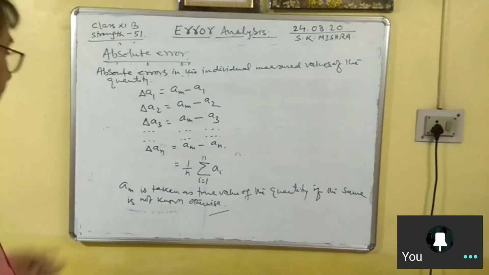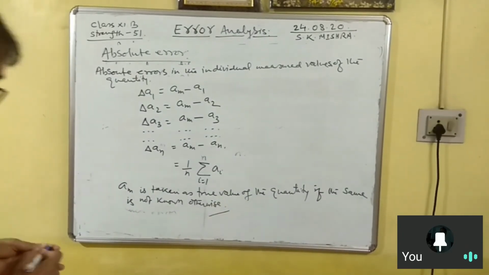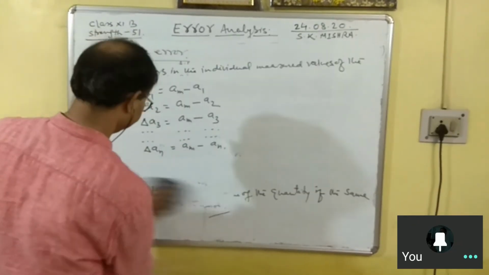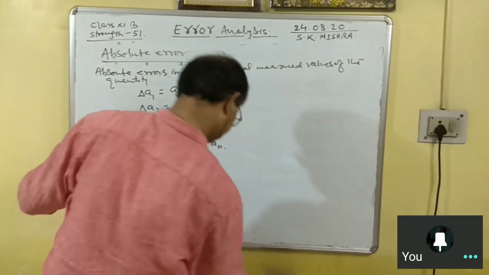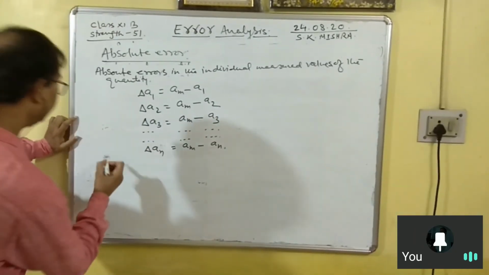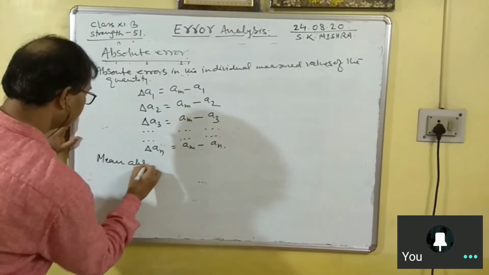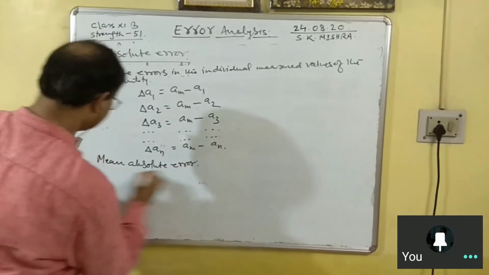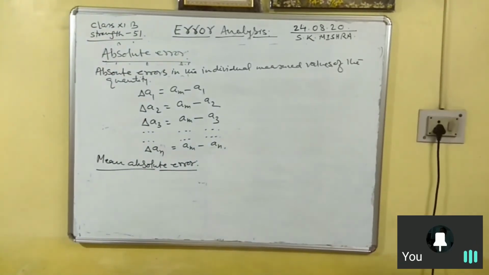Okay. Now we are talking about the mean absolute error. Mean absolute error is nothing but take the mean of magnitude.